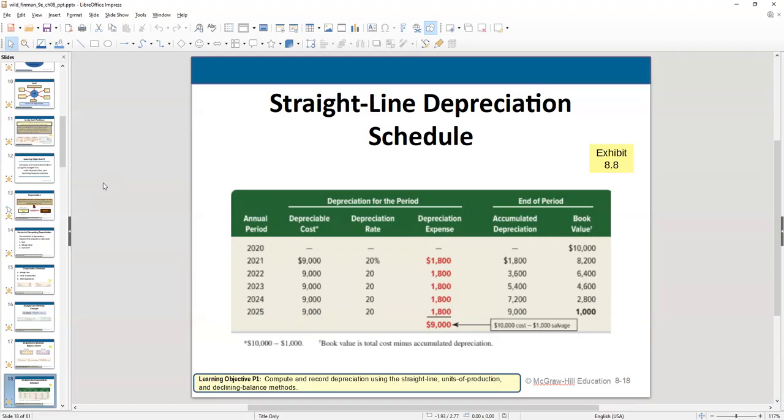But in our example, it's 20%. So we're going to multiply 20% times $9,000, and that gives us our depreciation expense of $1,800. Then finally, we're going to be keeping track of, by item, the accumulated depreciation of that item, again, until it gets down to its salvage value, which is $1,000. And if you look at the last 2 columns, you'll see how that plays out.